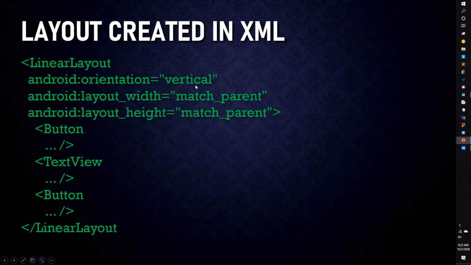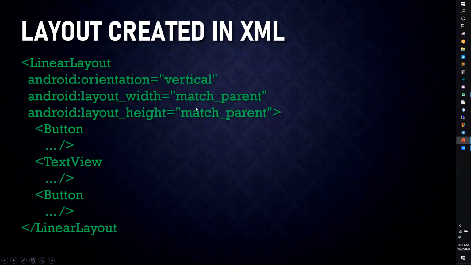And we specify the orientation here, vertical. So these inside views can be ordered vertically. If you are using linear layout, you have to specify the orientation, whether it's vertical or horizontal. And next to that, you can also give the width and height for this view group.